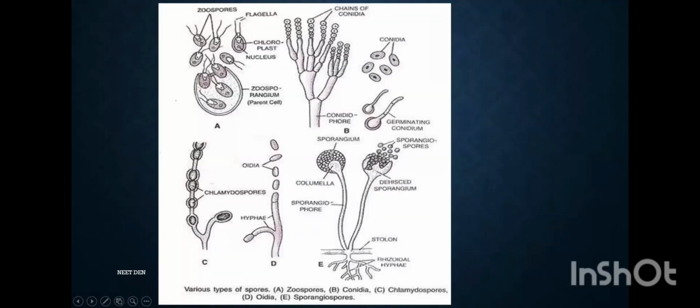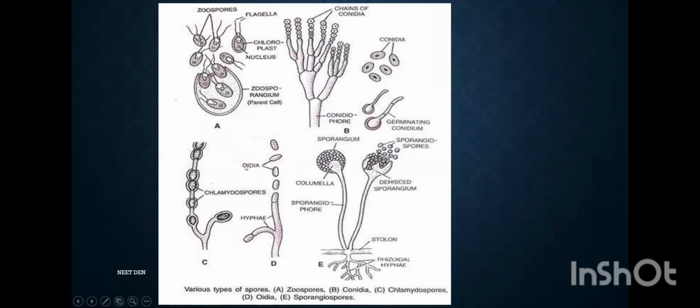So let us see some more. You can see the zoospores here, which are arising from zoosporangia. A sac-like structure which contains these asexual spores is called a sporangium. So this is zoosporangia, this is sporangium producing sporangiospores, and this is conidiophore producing conidia.